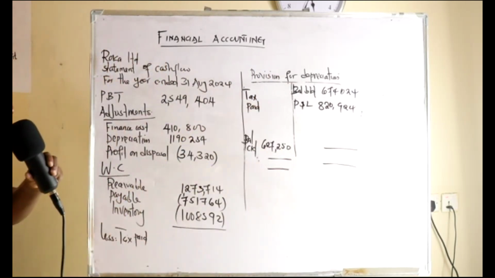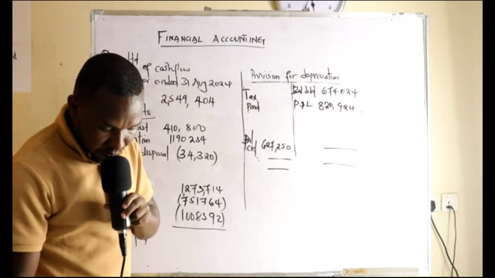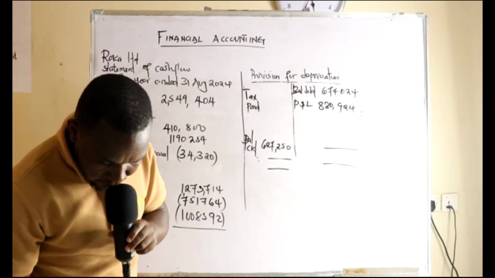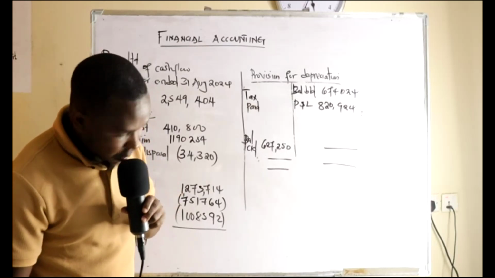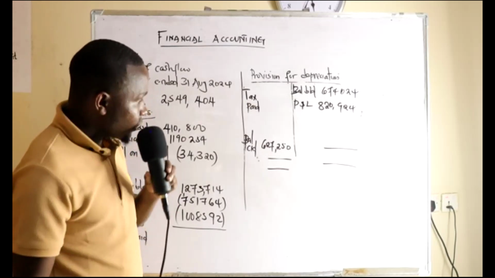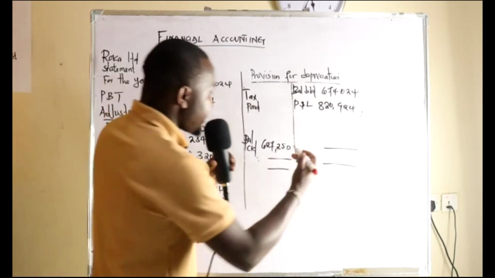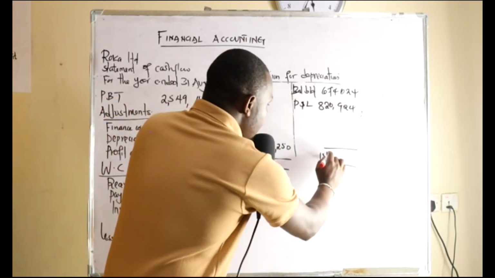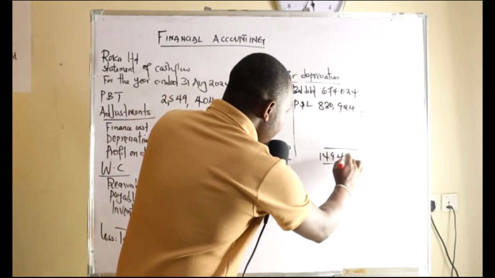So I will take whatever is there in the credit, 674,024 plus 820,924, which gives us the total of 1,494,948.